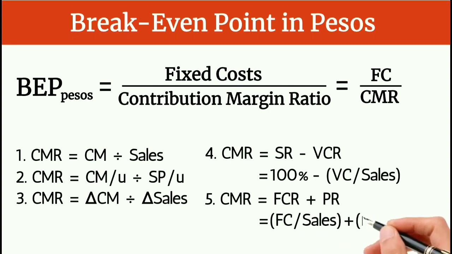Yung PR naman or profit ratio, that is profit divided by sales. As long as you know the income statement under the variable costing, madali na lang i-memorize itong mga formulas.